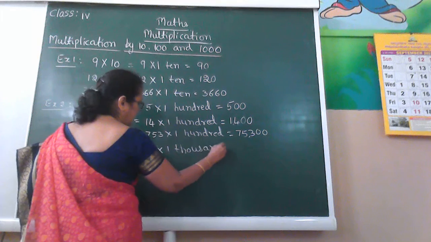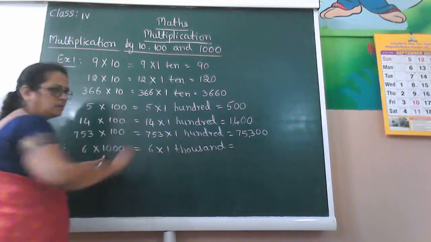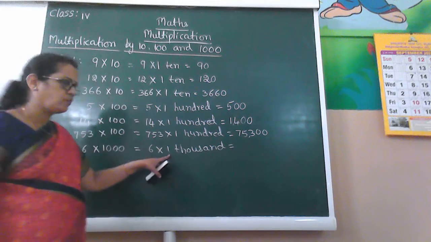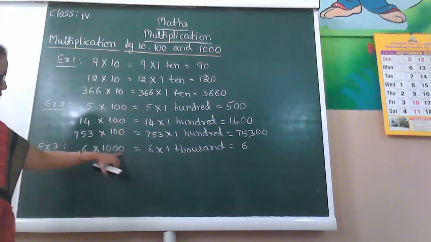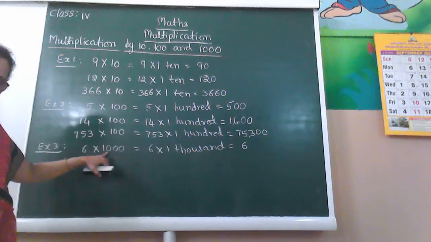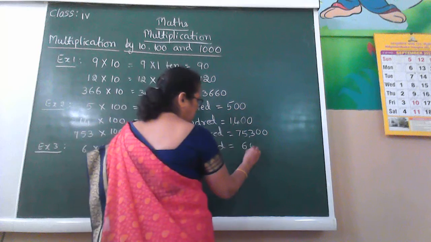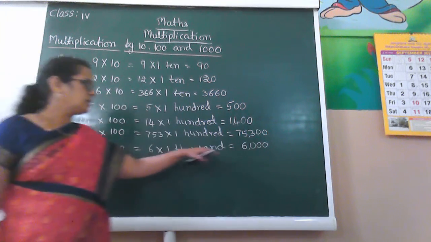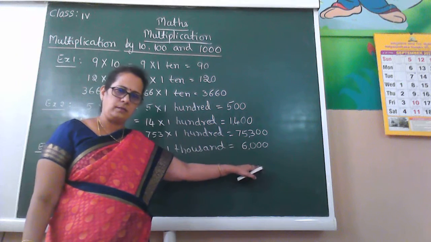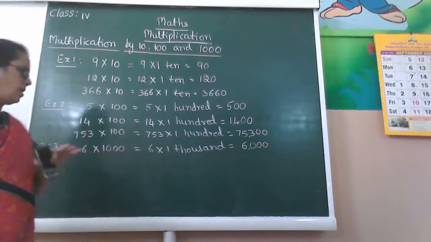That is 6 into 1000. Now 6 ones are 6. How many zeros here? 1, 2, 3 zeros. So write 3 zeros. So what is the product, children? It is 6,000. The product is 6,000.